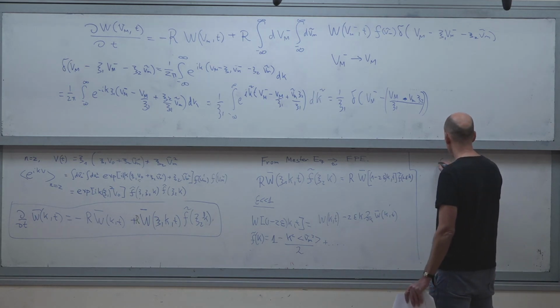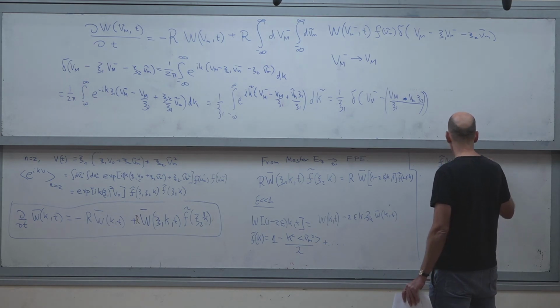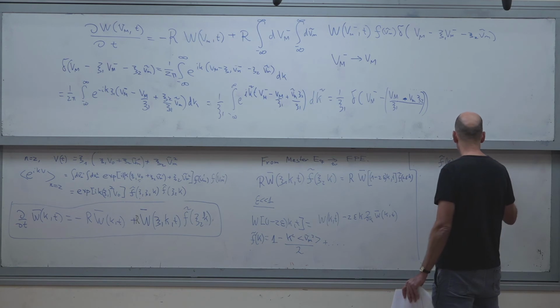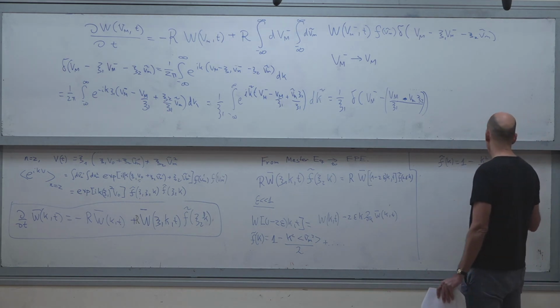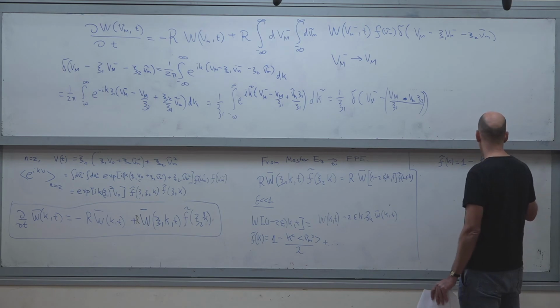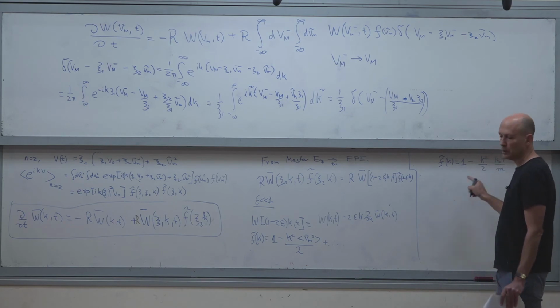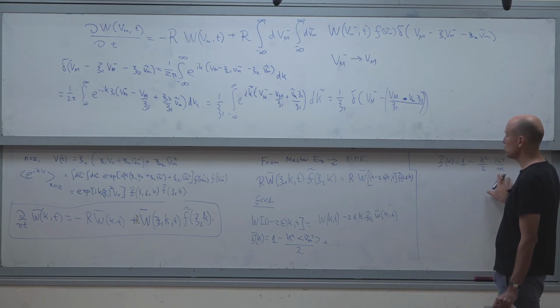So f of k is 1 normalization minus k squared over 2. This comes from the Taylor expansion of the exponential. And here we have k Boltzmann T divided by the small mass, because we are dealing now only with the gas particle. So this is the small mass.